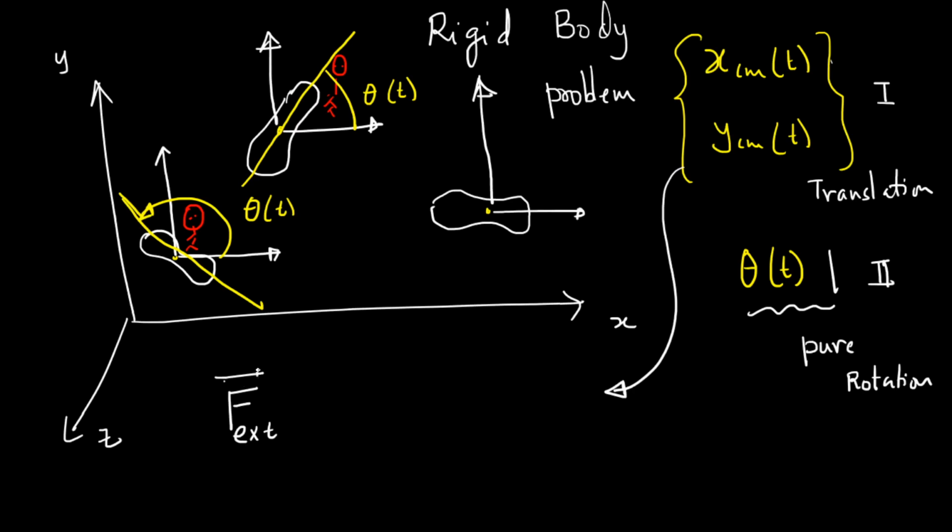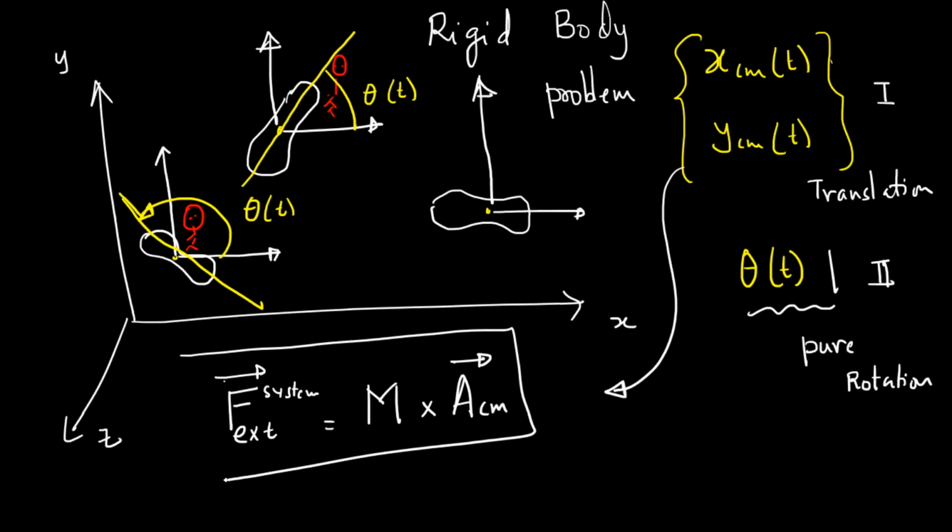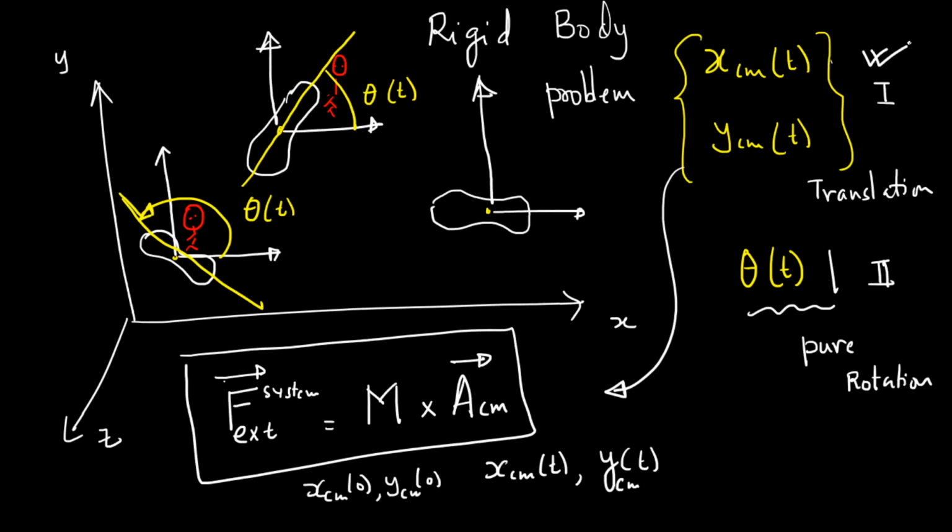So F external on the system is equal to the mass of the rigid body times the acceleration of the center of mass, and this is enough for particle mechanics to tell xcm as a function of time and ycm as a function of time, given the initial position xcm at 0 time and ycm at 0 time. There you go. Part 1 is solved, right?